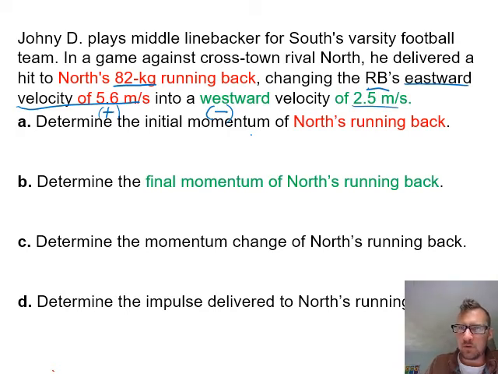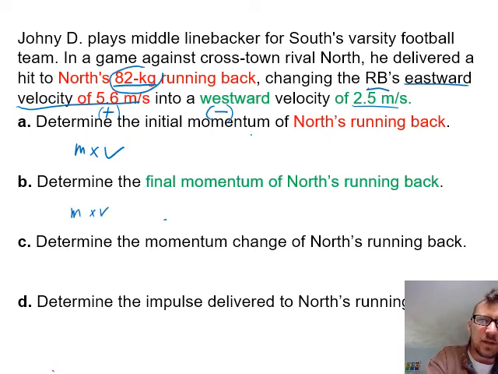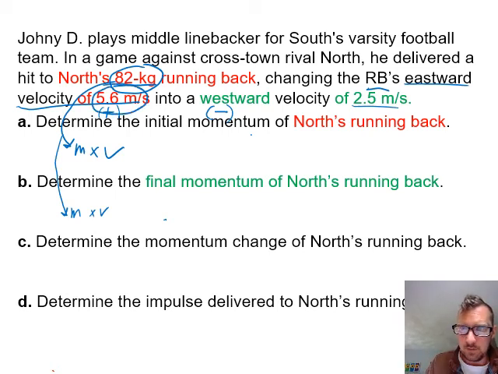So the first question, initial momentum, is just going to be his mass times his velocity. That's easy enough. Final momentum is still mass times velocity. And remember, it's just this running back. So he's still 82 kilograms. He starts out going 5.6 meters per second in the positive direction.